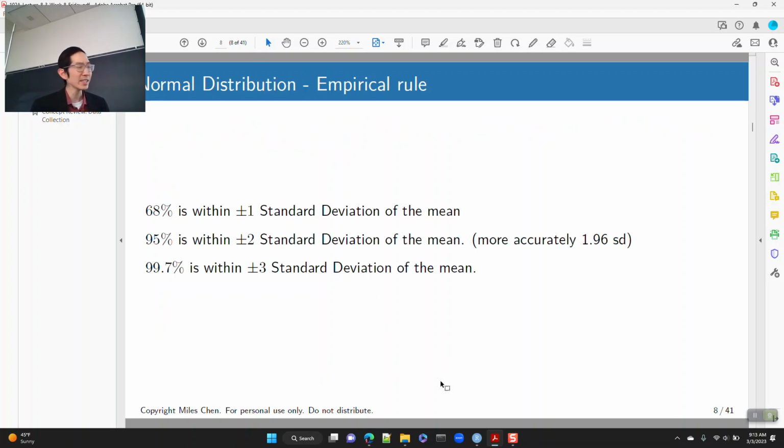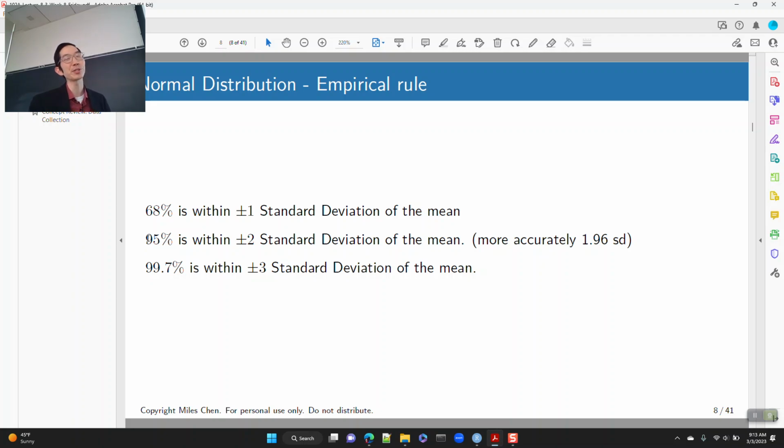And so you have the empirical rule. Do we have these numbers memorized? 68, 95, 99.7 at 1, 2, 3. Even if you have open note tests, you should have these 3 numbers memorized, at least for the normal distribution.